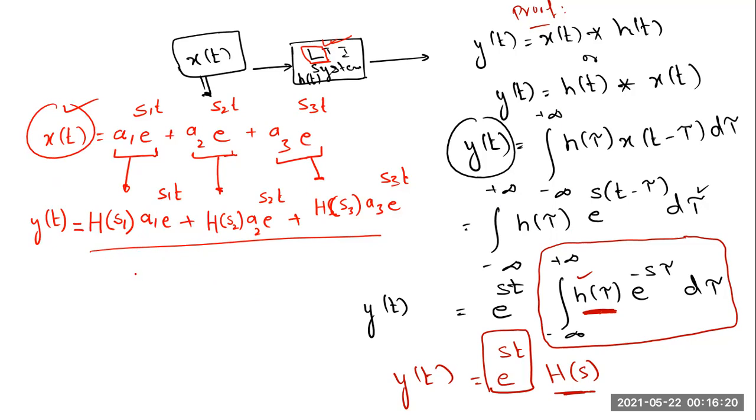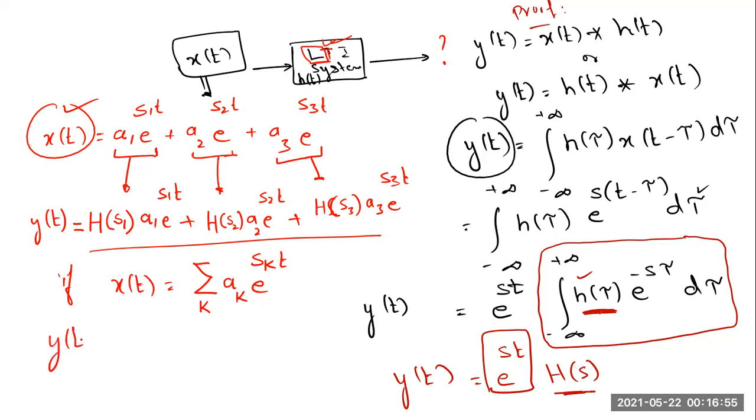So if I generalize this discussion, in case our input is a linear combination of a number of terms, I will now use a compact representation, with a number of terms with respect to variable k, and we have ak e to power skt. If such a signal is given as input to the LTI system, what is going to be the output?